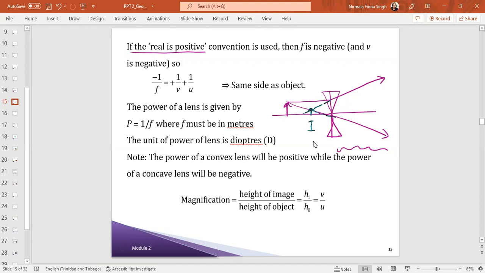Now, since our image is on the same side as our object, we have to consider our image distance, which is V, to be a negative value, right? So there are two ways you can do this. You can either make F a negative value, or you can make V a negative value, but you can't make them both negative. Either one or the other is going to be negative.